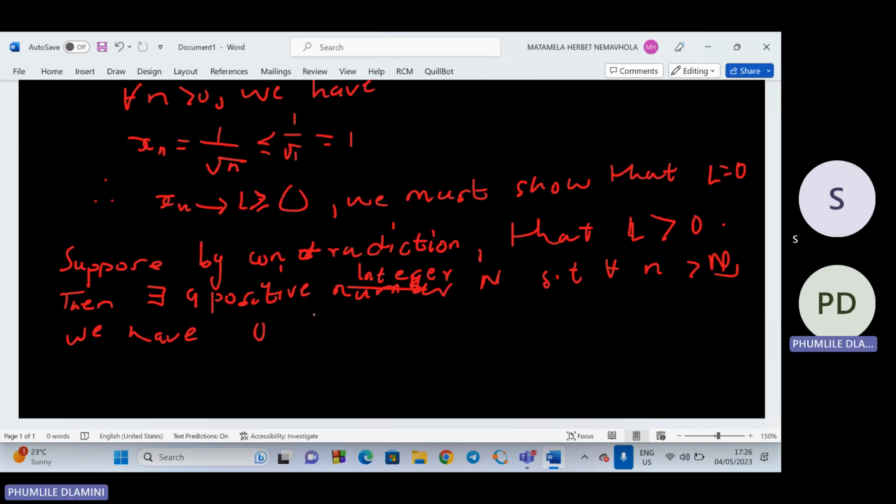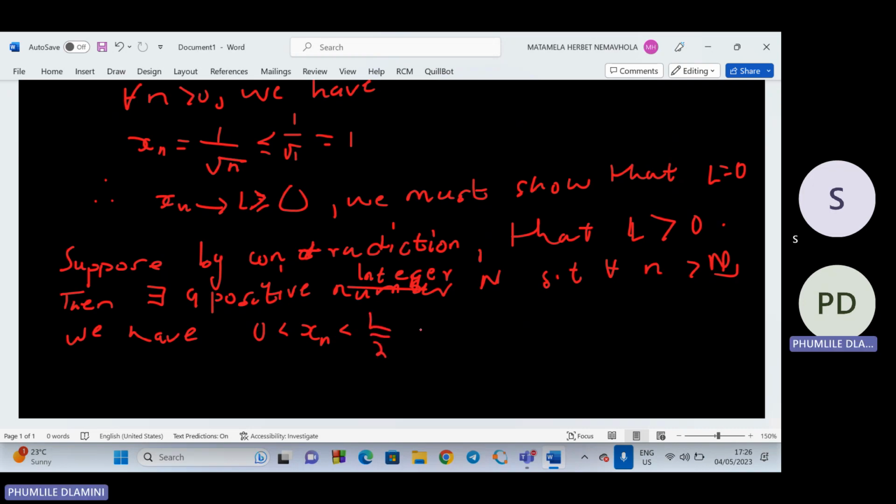Now we are using that proof that I was showing you, but I showed it in terms of increasing the first time. Now, because it's decreasing, I'm going to say 0 is less than xn, which is less than or equal to L, which is less than L over 2.